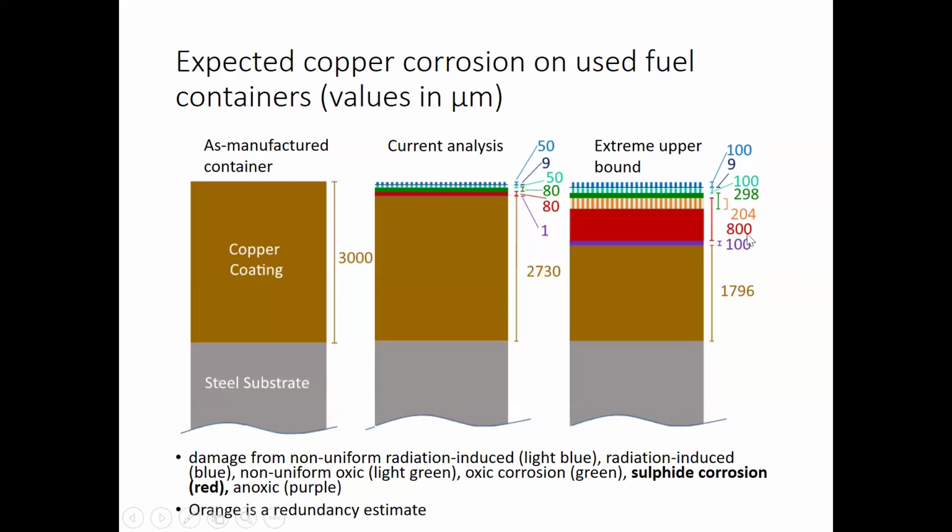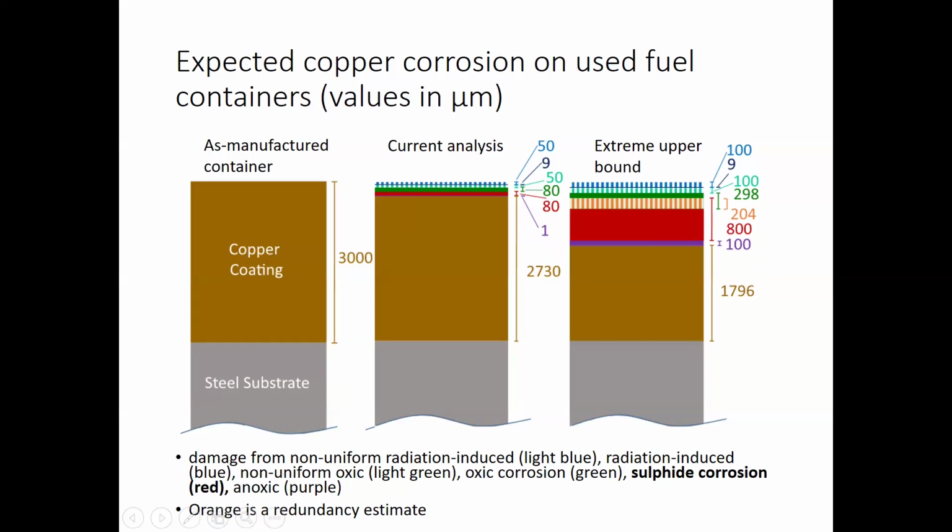And then you have the big one, which is sulfide itself. So sulfide corrosion has a fairly wide margin, much wider than the other forms, because the modeling for it relies on how active the sulfur-reducing bacteria will be. We know that there will be sulfate present within the DGR.